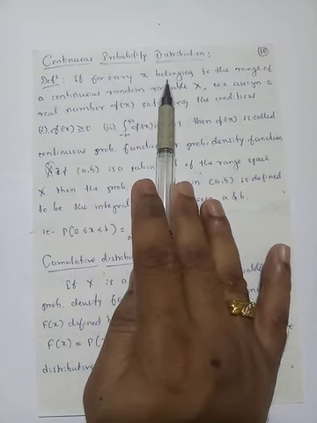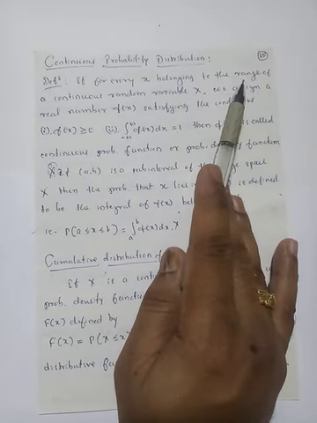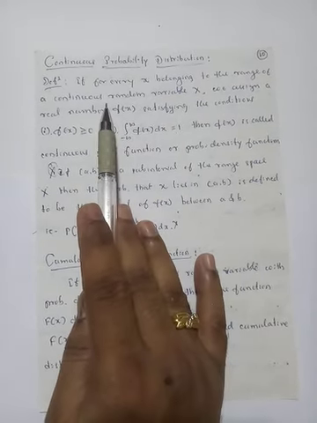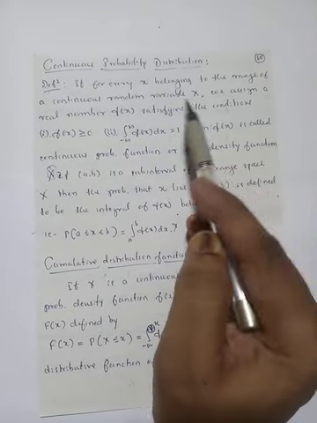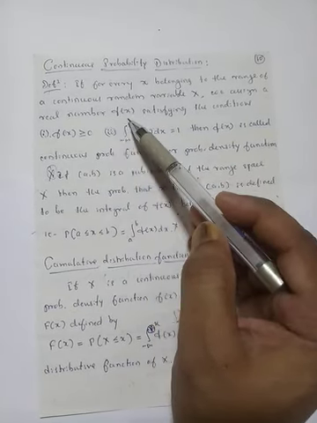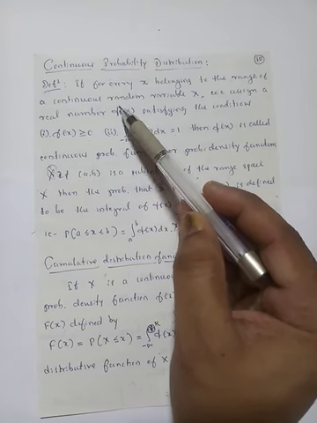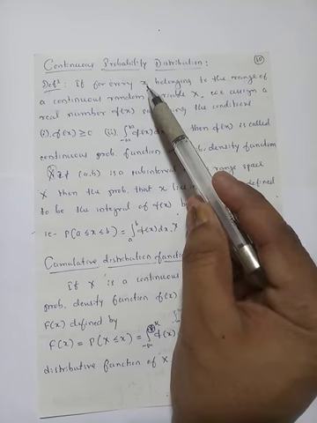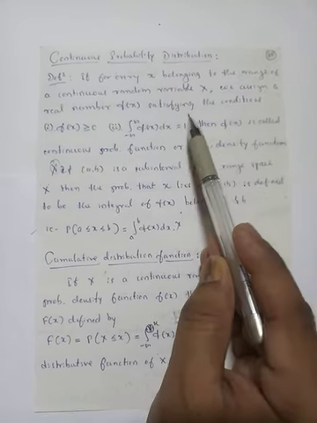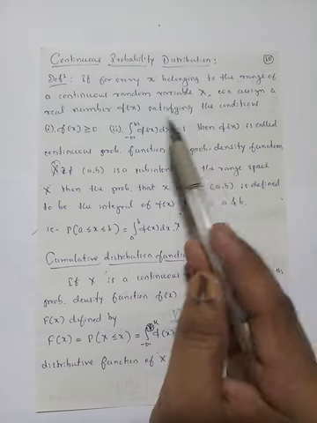If for every x belonging to the range of a continuous random variable x, we assign a real number f of x, so this f of x represents the probability of that variable, satisfying the conditions.